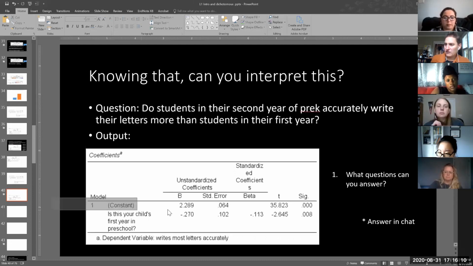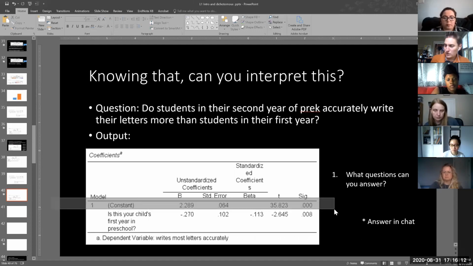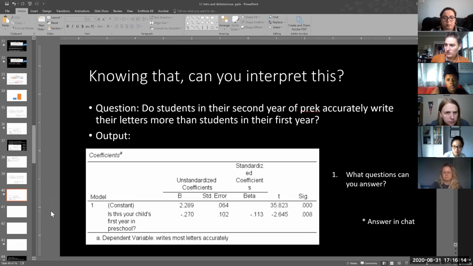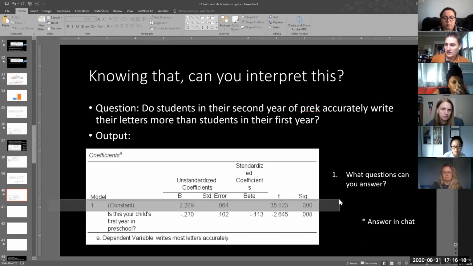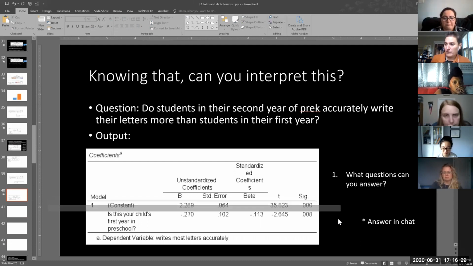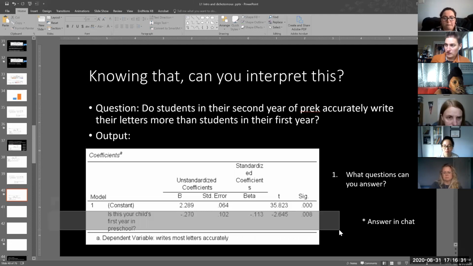In this case, the constant is, again, second year in preschool. If this is the second year in preschool, then the mean accuracy level was 2.2. But if it was the first year, that accuracy level is 0.27 lower.